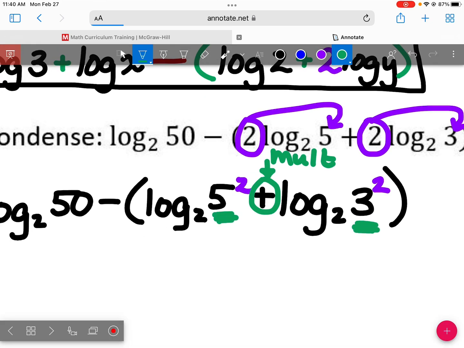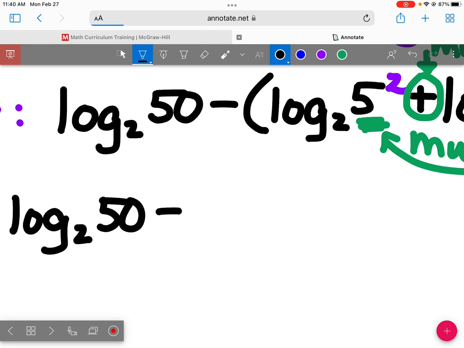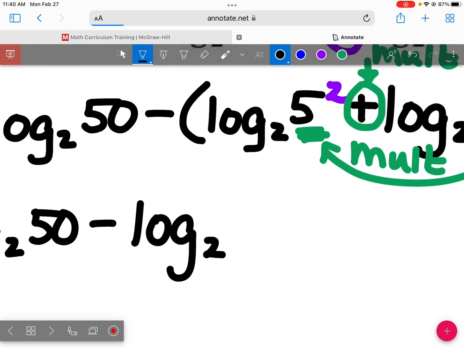And the arguments are what we are multiplying. So log base 2 of 50 minus, this condenses into a single log, log base 2 of 5 squared times 3 squared. If you don't put the little times in between, that's fine.